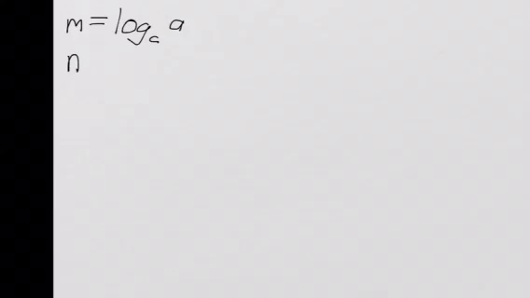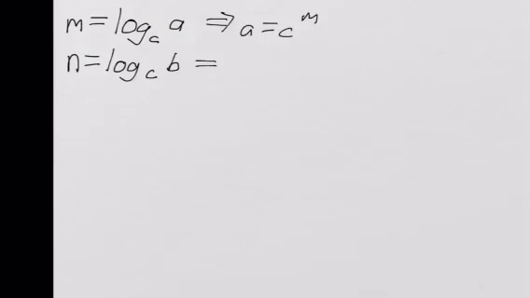We're going to let n equal the log base c of b. So, because of that, we know that a equals c to the m, and b equals c to the n.